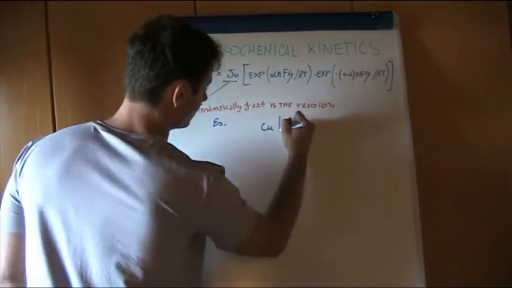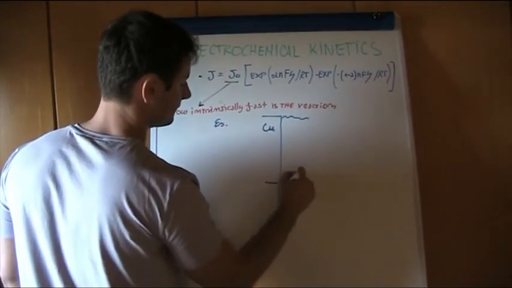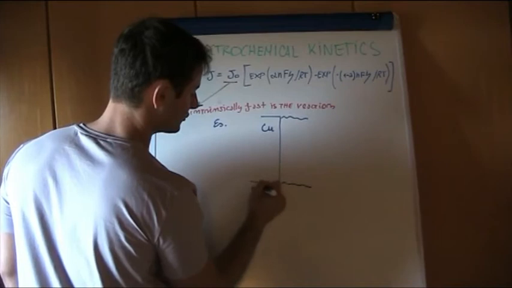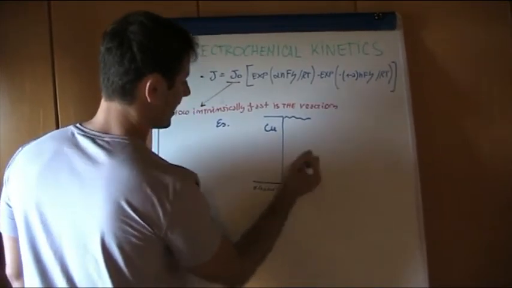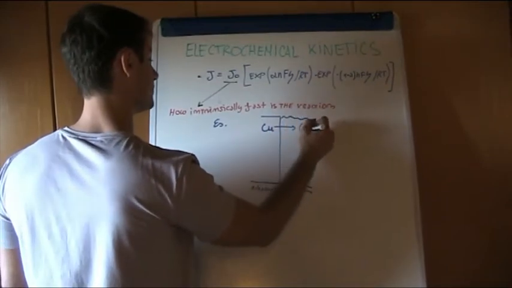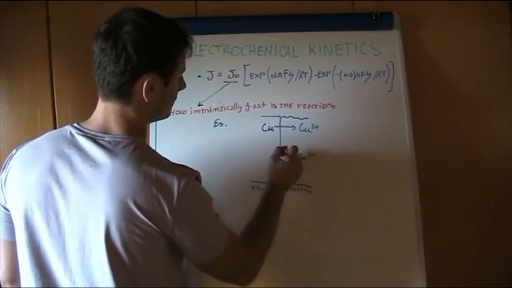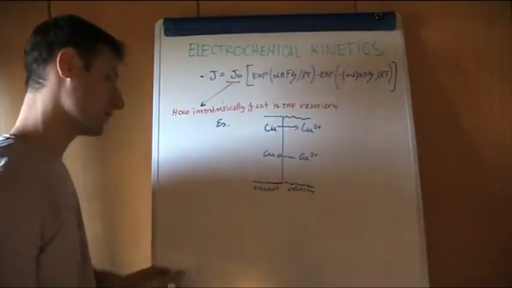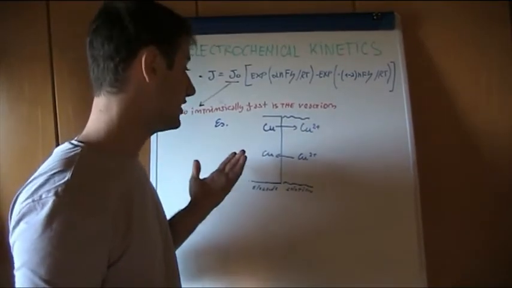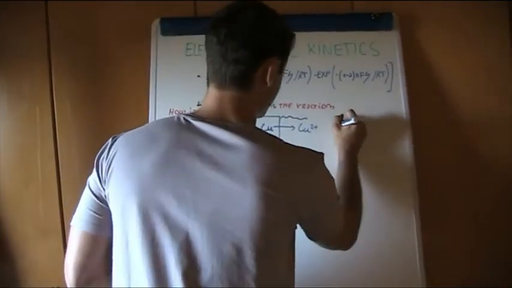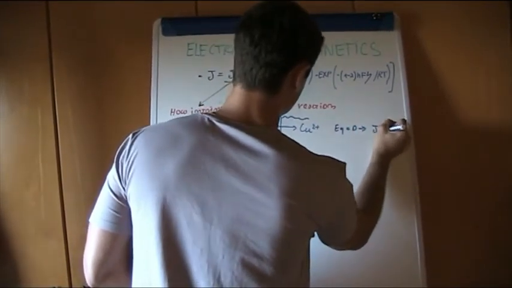We have the surface of the electrode here, and we have the solution here. So, electrode and solution. We have here the oxidation, and we have even the other type of reaction. What is happening in this case is that when we are in equilibrium, we are in a situation in which the current is zero.